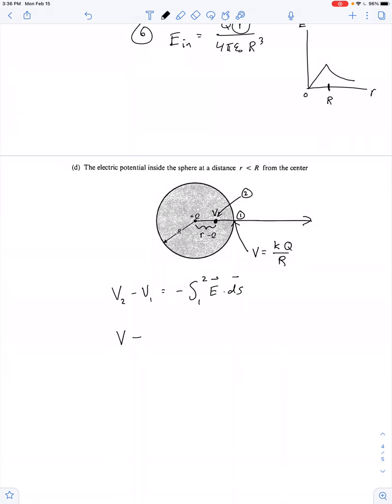So V minus KQ over R equals negative the integral. Okay, so point 1 is at R and point 2 is at lowercase r. And then this E is an E inside, so it's QR over 4 pi epsilon naught capital R cubed dr.